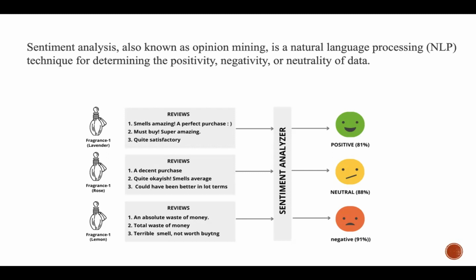So let us take one scenario. Assume that you start a company that sells perfumes on an online platform. You put up a wide range of fragrances, and soon customers start flooding in. After some time, you decide to change the price strategy of perfumes.